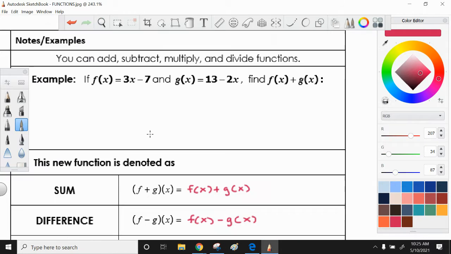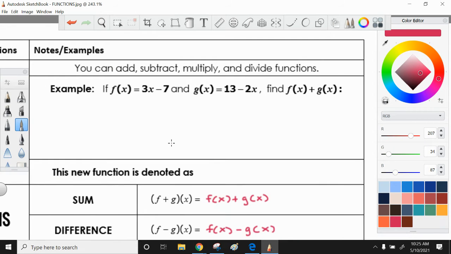Now, we're going to get a question where they're going to give us f, I'll use red for f, and g. Again, this f of x basically means nothing except to call this an f.